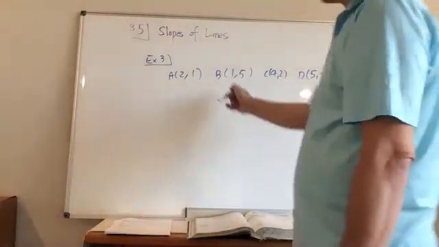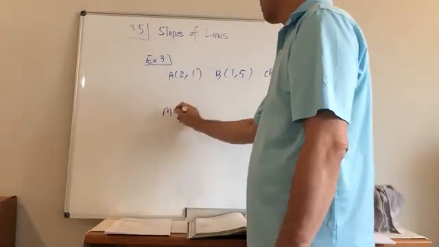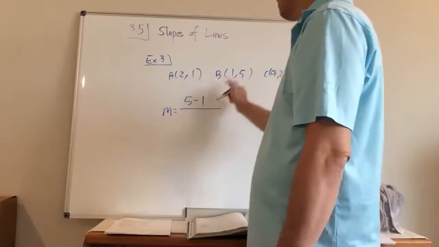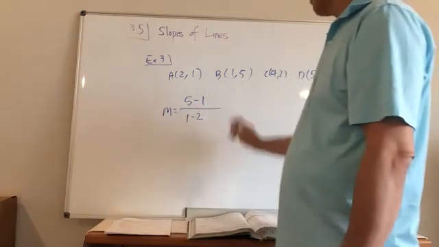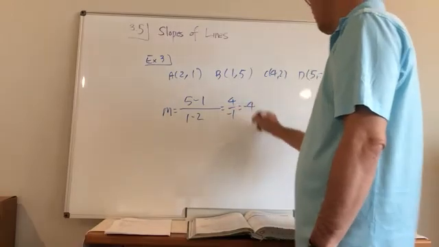So let's talk about the slope between these 2 points. 5 - 1 over 1 - 2, which is 4/-1, which is -4.